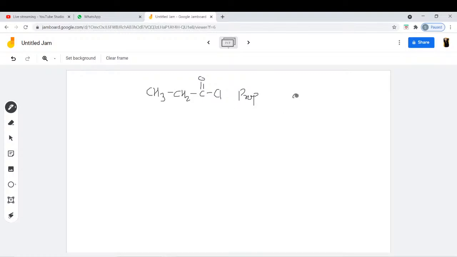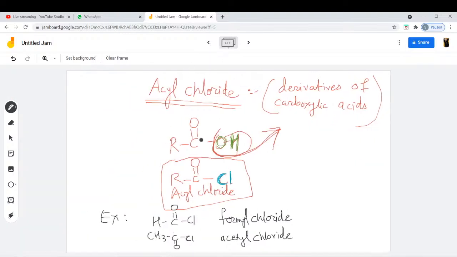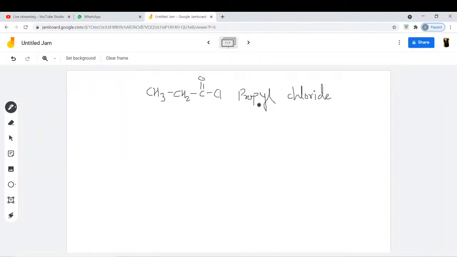Of course it will be a chloride, with chlorine attached, but like acetyl chloride, this is propyl chloride. Then butyl chloride. So formyl chloride, acetyl chloride, propyl chloride, butyl chloride.